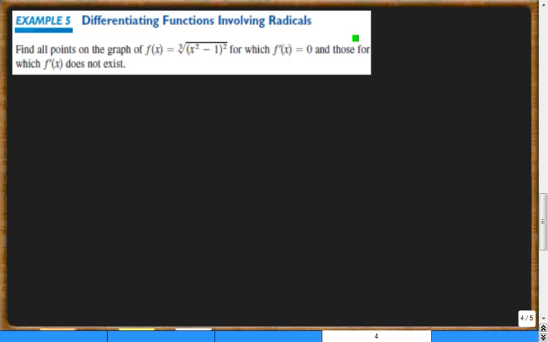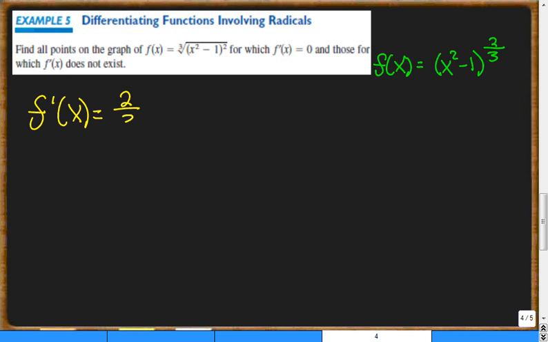Always. So f of x we had as, I'm going to rewrite this as (x squared minus 1) to the 2/3, because that's the same thing, right? The x squared minus 1 is squared, taking the cube root of it, so that's why we end up looking like that. So first off, we find our derivative, and that is going to be 2/3 times (x squared minus 1) to the 2/3 minus 1.